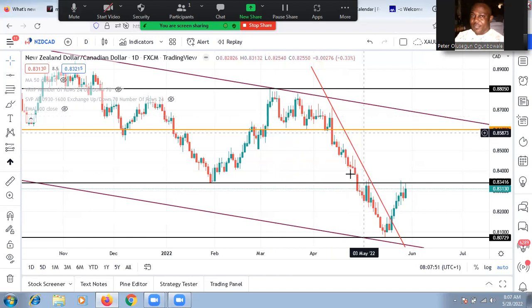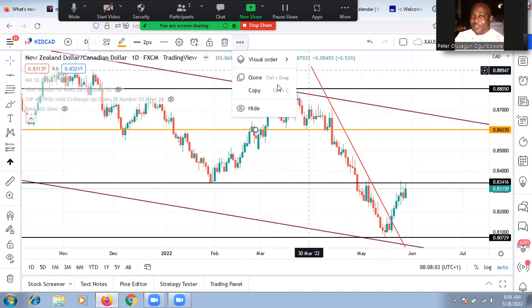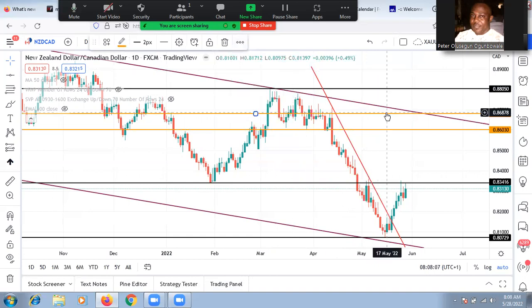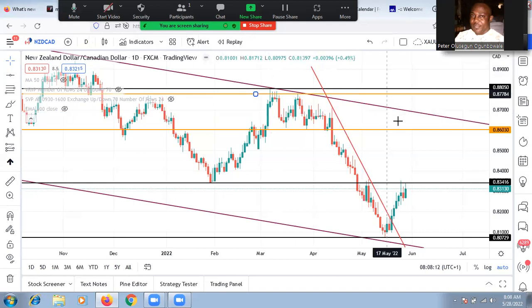Now, having said that, if 2 is here, and if this is the upper limit of 2, and this is the 4 in the making that has broken out of 3, where do we expect that to retrace?